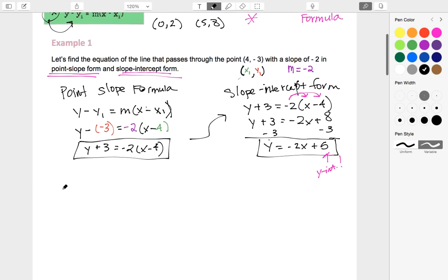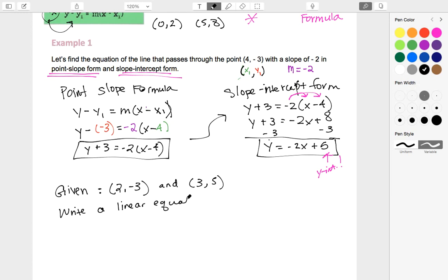Let's say we were given only 2 points, given 2, -3 and 3, 5. And they're like, okay, let's write a linear equation in point slope form.